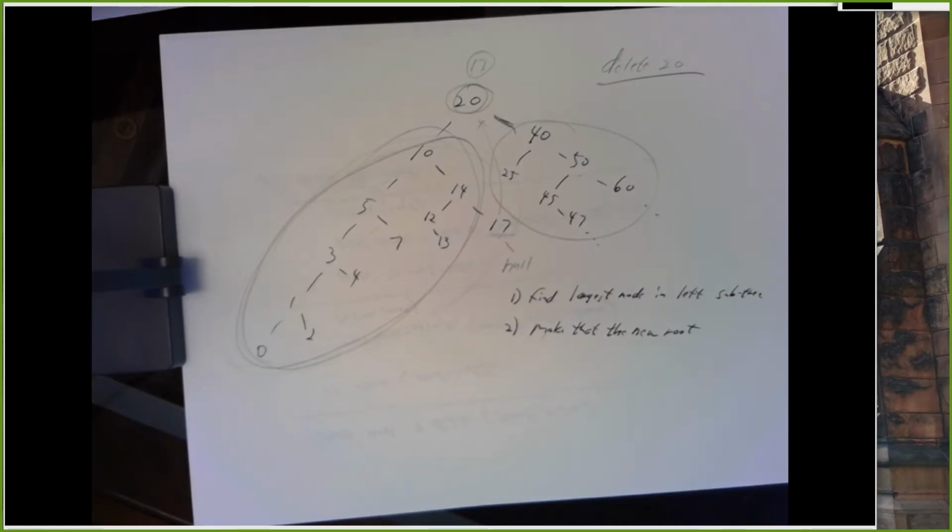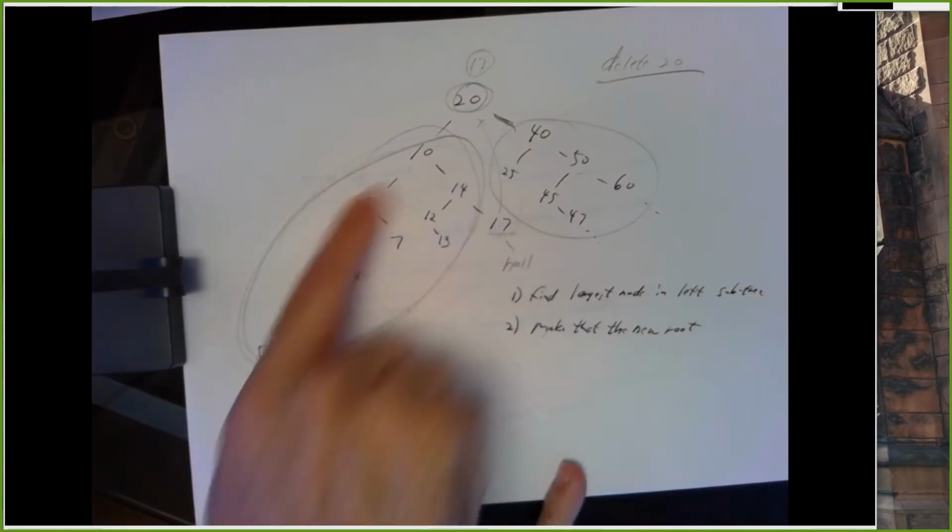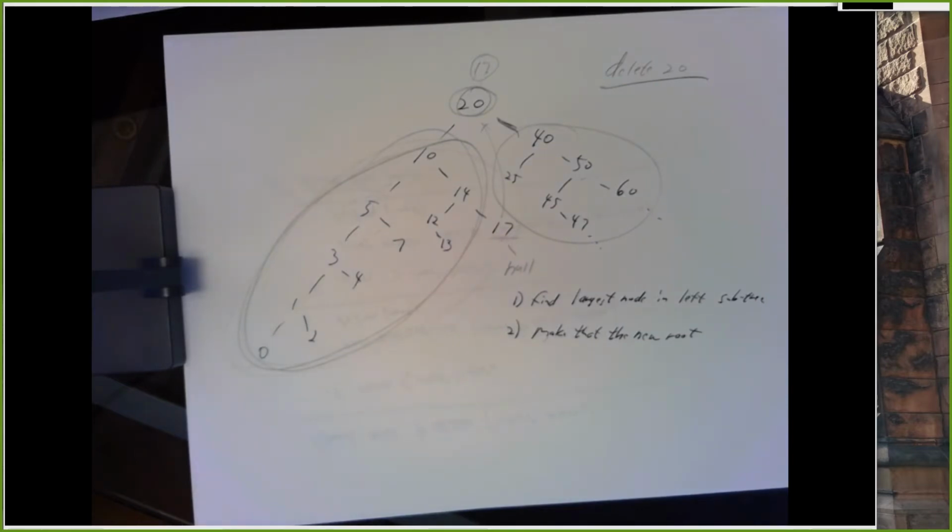So there's one other issue here. So the way I drew this, 17 had nothing to its left, which means it was easy to make all of this old left subtree the new left child of 17. But that's not always the case.